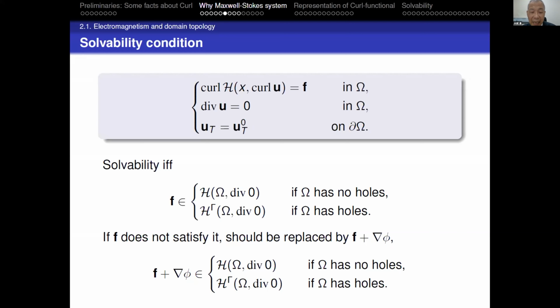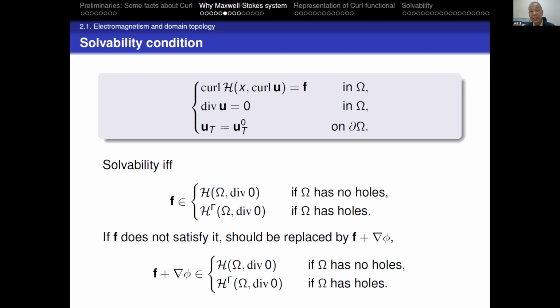So one point of view is that if the given F cannot satisfy this condition, this given equation may not have a solution. What we can do is try to make some relaxation. We replace F by F plus a gradient field. And you require this gradient field to be chosen such that F plus grad phi belongs to the image of curl.